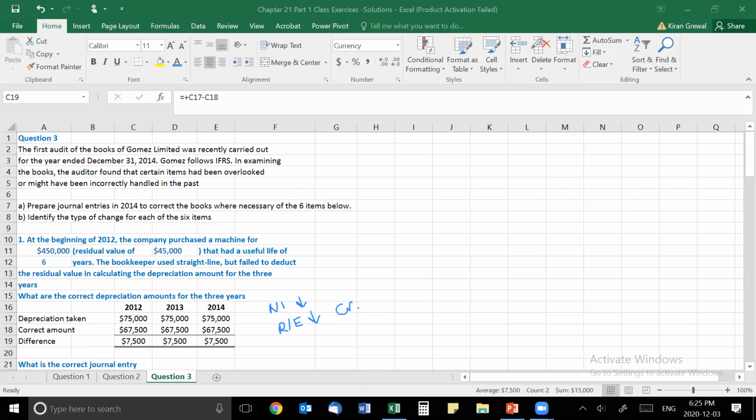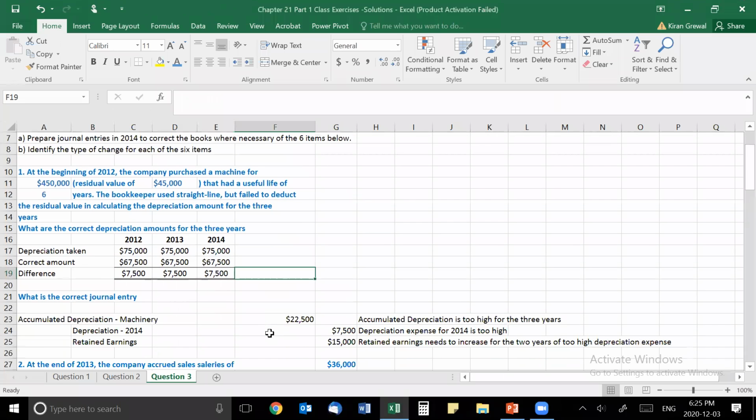Okay, so let's look at the journal entry here. So we're going to credit retained earnings for the 2 years that it was too high by 15,000. In 2014, the books are still open for 2014. We did depreciation expense of 75,000, but it should have been 67,500.